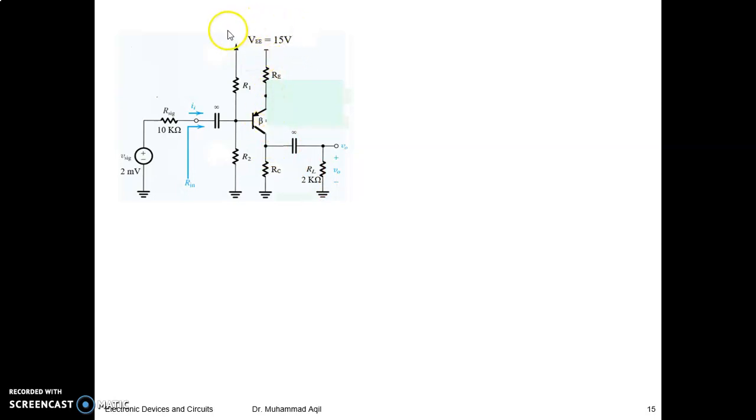Don't be confused by this supply, because in NPN the collector is at the highest voltage and the emitter is at the lowest voltage. You have a DC supply here, but with a grounded terminal. Here in PNP you have a DC supply, but with a positive terminal. So don't be confused with this one. So this is a common emitter amplifier based on a PNP transistor with an emitter resistance, because the emitter resistance is not bypassed here.